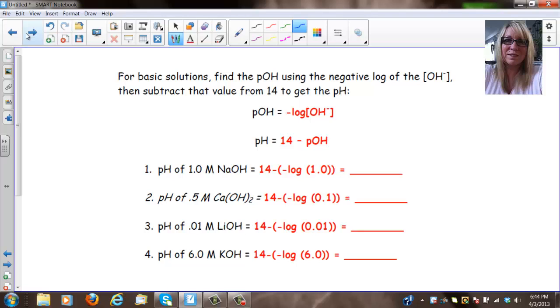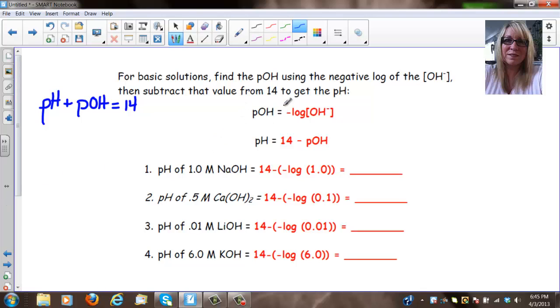For basic solutions, we find what's called the pOH, using the negative log of the OH concentration. What we need to remember is that pH plus pOH equals 14.